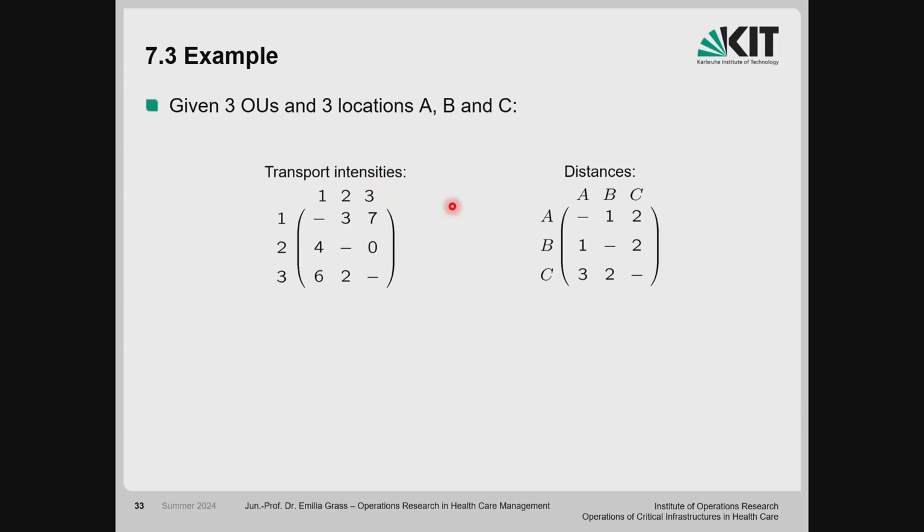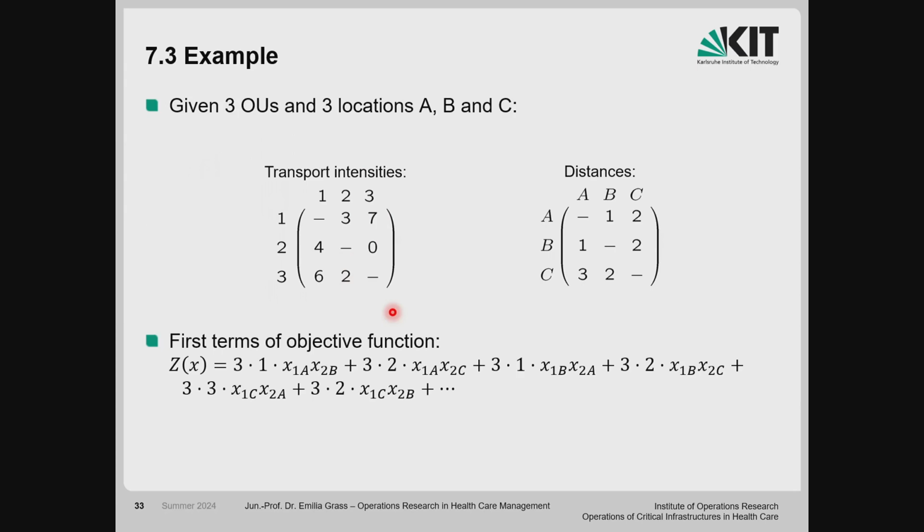Okay, and here you see from the radiology to the cardiology you have 3 transport intensities. From 1 to the third one, which is internist, you have 7. So you see that here we have more transport intensities than, let's say, between 3 and 2. Okay, so you have to take this into account.